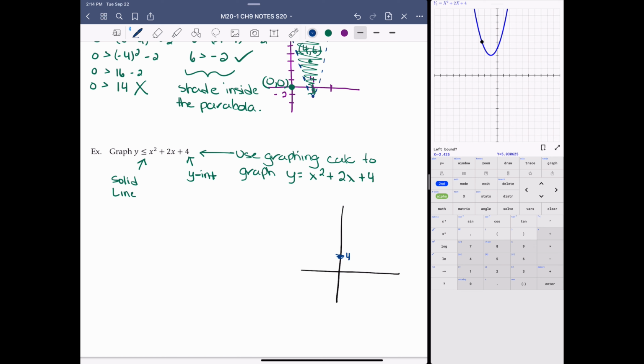Put my dot somewhere left of the minimum, hit enter, move my dot to the right side of the minimum, hit enter, and we get negative 1 and 3. So we'll say it's about there. And then because it's symmetrical, we would have a point at negative 2, 4. And as we said, it has a solid line.